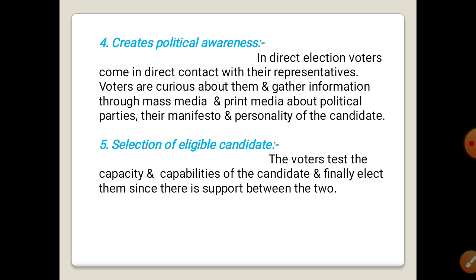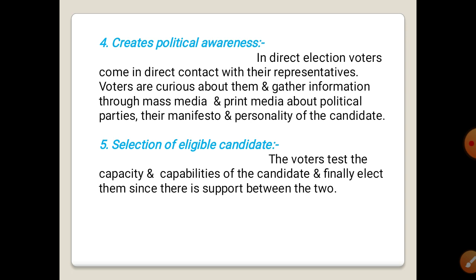On that basis, the people will choose the eligible candidate, because if a person is eligible and takes an active part in the administration, only then is it possible to solve the problems of the people of his constituency. If a person is not conscious of the people's problems, he is definitely unable to develop that constituency. So an eligible candidate is selected through direct election.